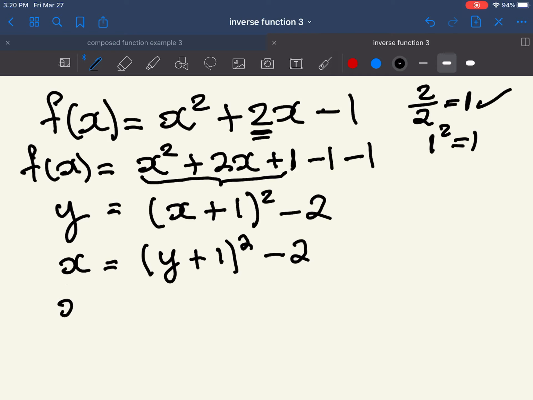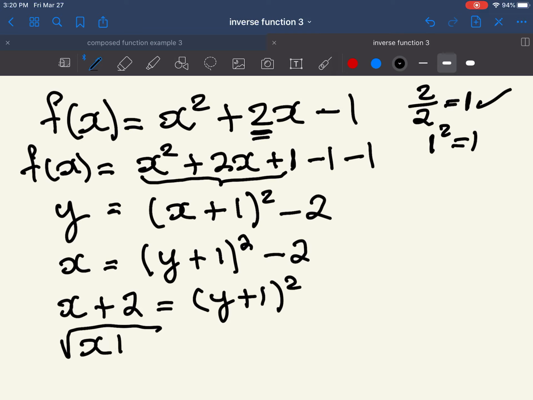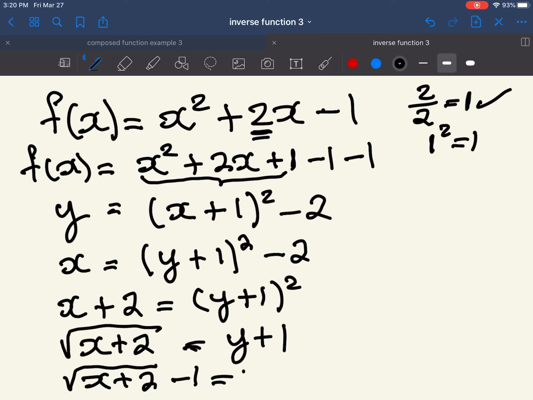Move 2 to the left side, it is adding: x plus 2 equals (y plus 1) squared, and when you take the square root, you have square root of x plus 2 equals y plus 1, and when you subtract 1, finally you have square root of x plus 2, minus 1, equals y.